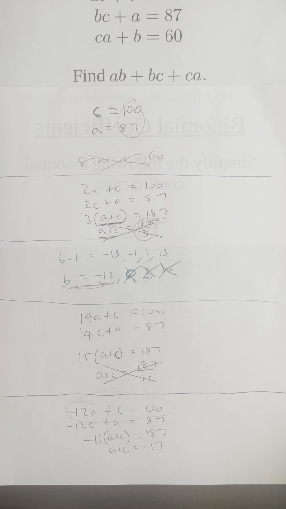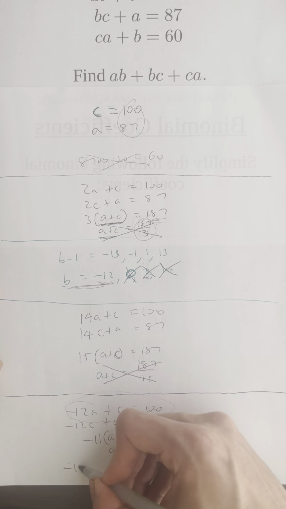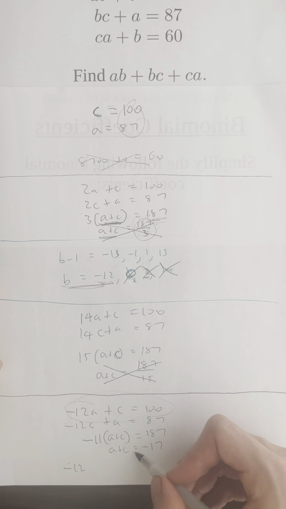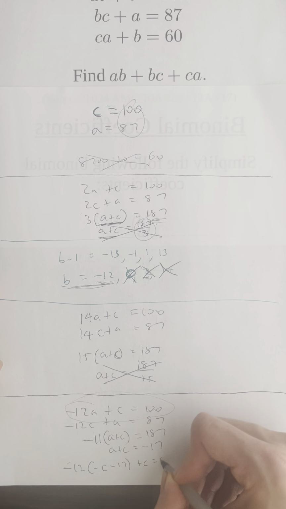Let's say a would be negative c minus 17. Negative 12 times (negative c minus 17) plus c is equal to 100.